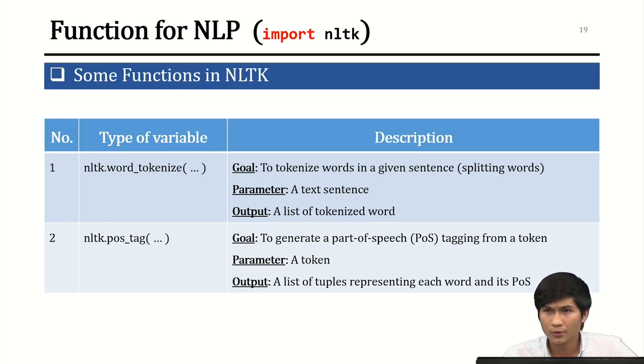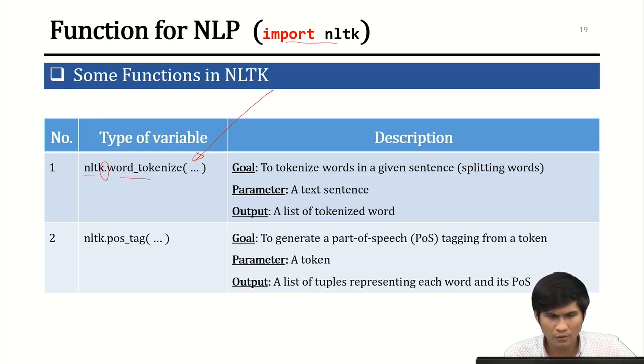And this table gives you a short summary on how you can use functions in NLP. Suppose that you have already installed the library and then imported NLTK. If you want to use a certain function, you type the library name, follow it by a dot, and give the function name. Make sure that you give appropriate parameters. For example, for word_tokenize, you should provide a sentence or a text.